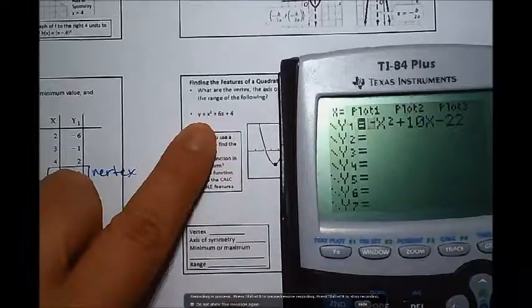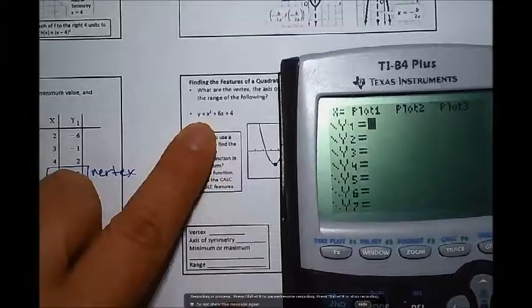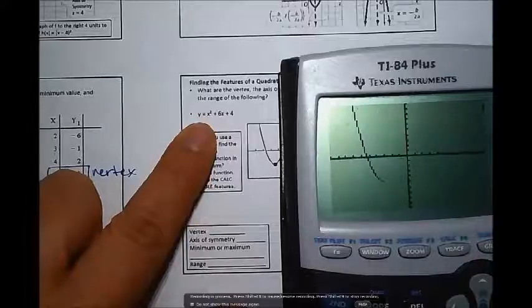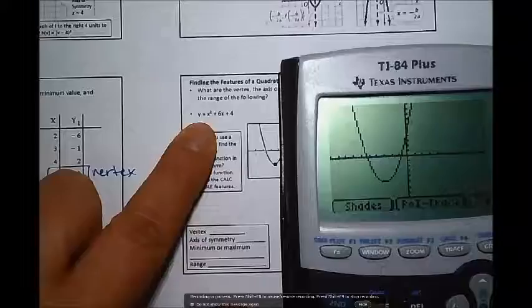So we're going to type in x squared plus 6x plus 4, enter, graph, excellent. We've got a graph. Now go to second table.